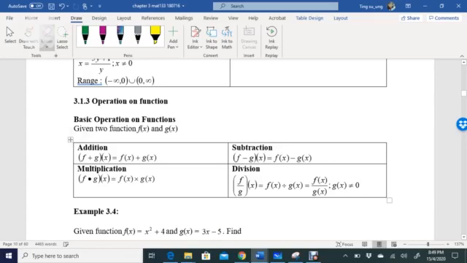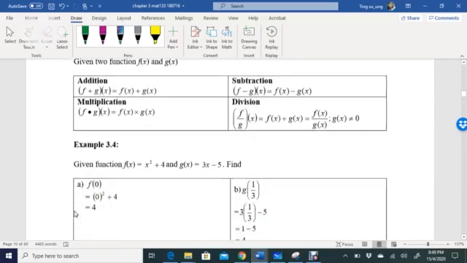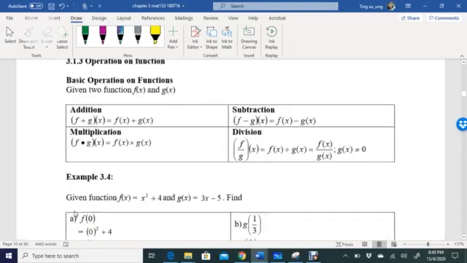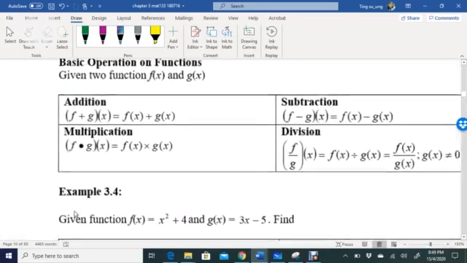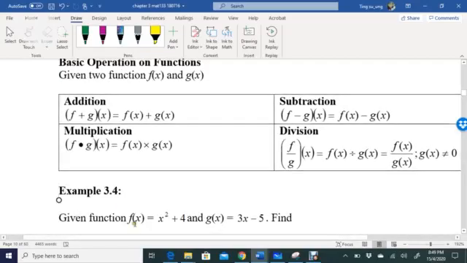Let's say example 3.4. Given a function f(x) is x squared plus 4, then g(x) is 3x minus 5.